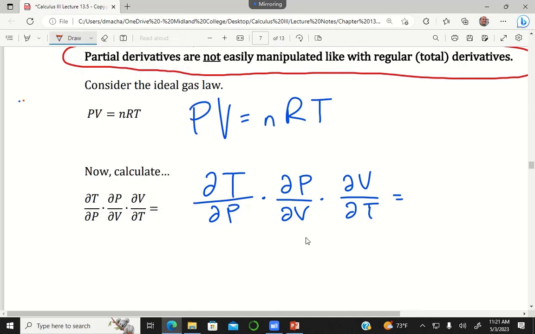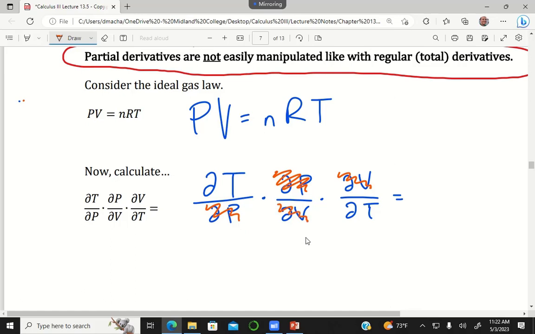If I could easily manipulate partial derivatives, the way that we could always easily manipulate ordinary derivatives, then I would say, look, I've got a partial of pressure in the numerator, and I've got a partial of pressure in the denominator, right? Cancel those out. I've got a partial of volume in the numerator and a partial of volume in the denominator, so cancel those out.